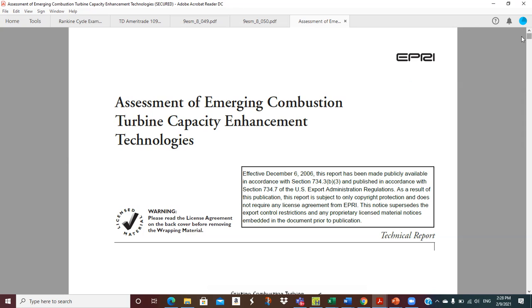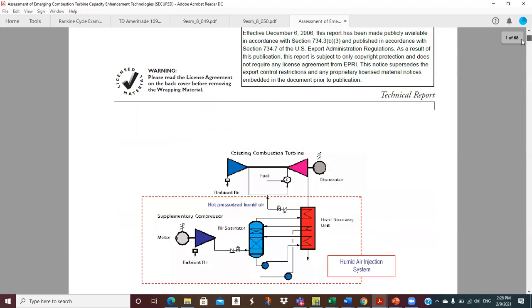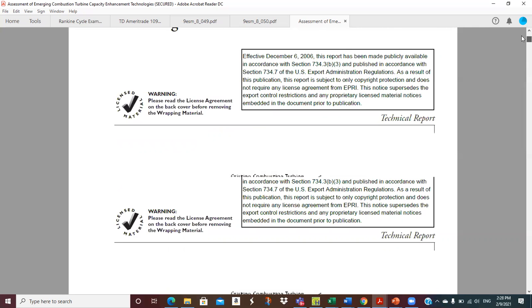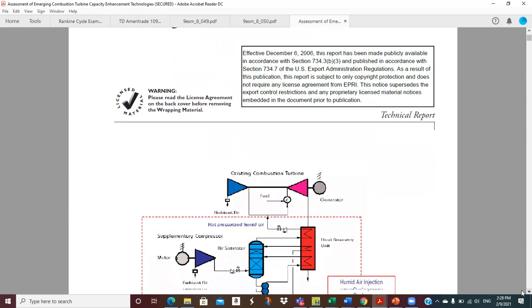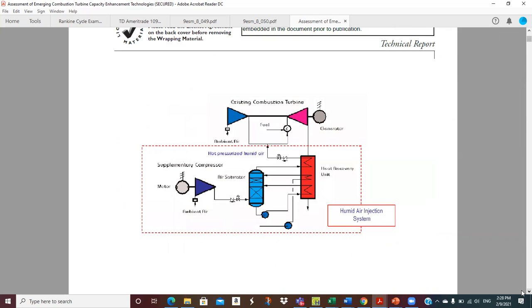So, now you're going to get a thermal assignment, but you're also going to get an assignment to work with this thing. Let's see, where's that little diagram? Well, this is looking at humid air.